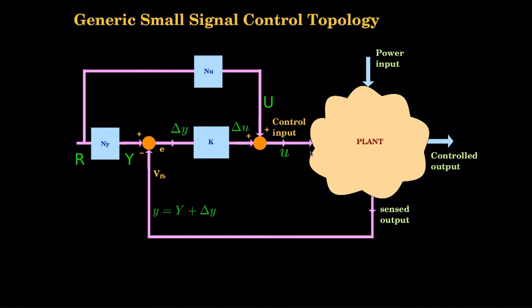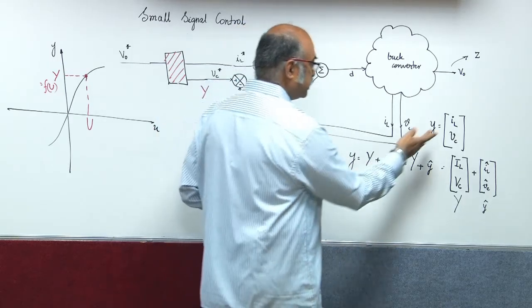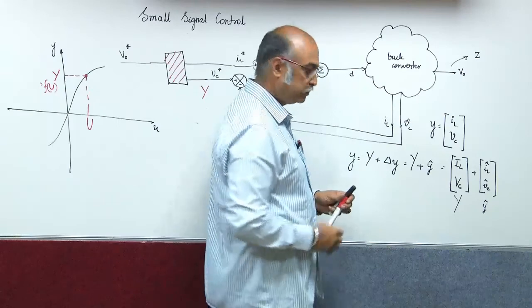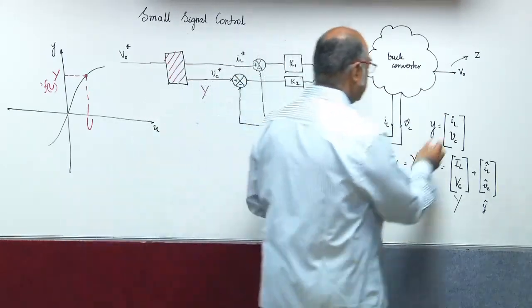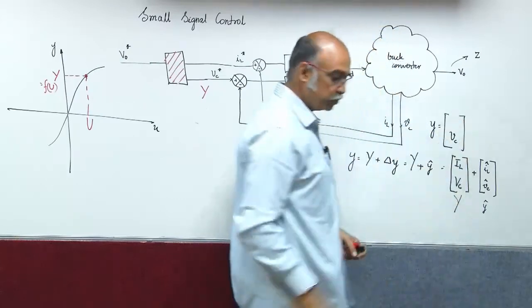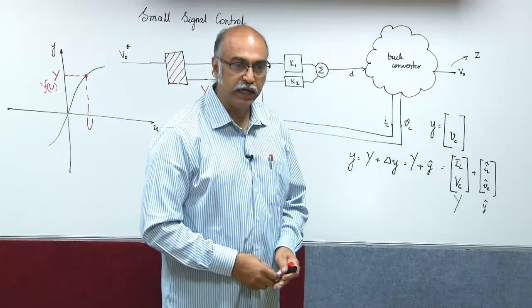Still, it is not complete, in the sense that you remember that when we discussed the induction motor, we had 5 states, and some of the states are not measurable. Likewise, let us say that here IL is not measurable. Assume that we do not have a sensor for that.